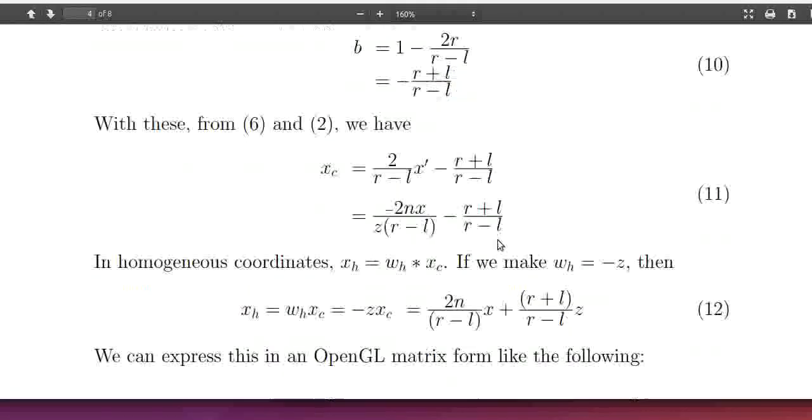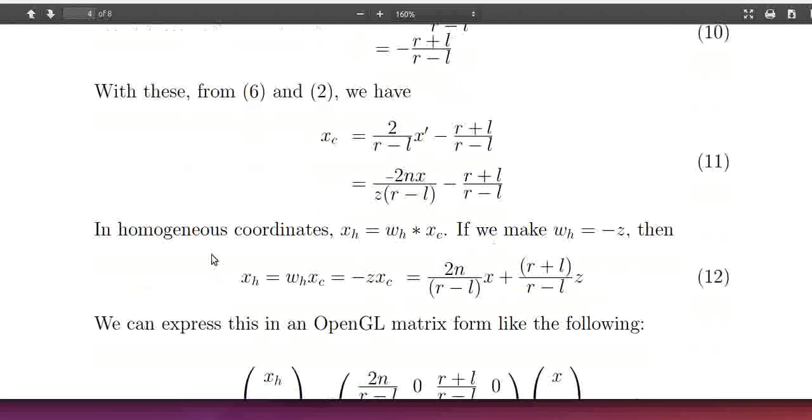As we mentioned before, in homogeneous coordinates, xh is equal to wh times xc. If we make wh to be negative c, then xh equals wh times xc equals negative c times xc, and with this we get this term.